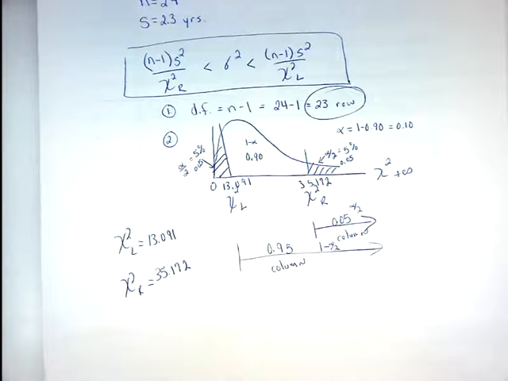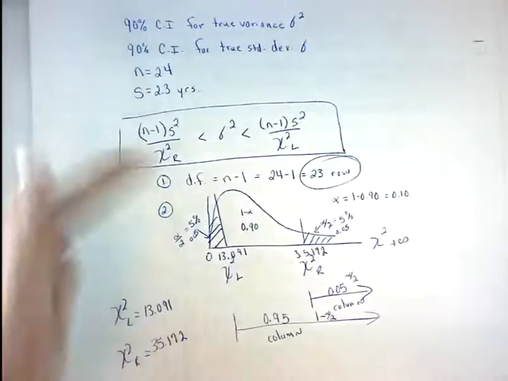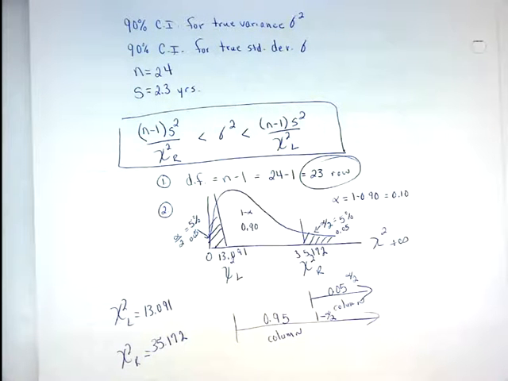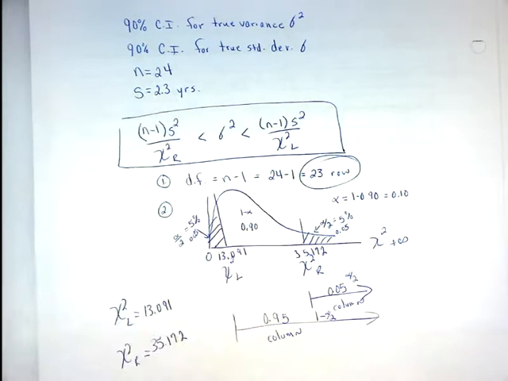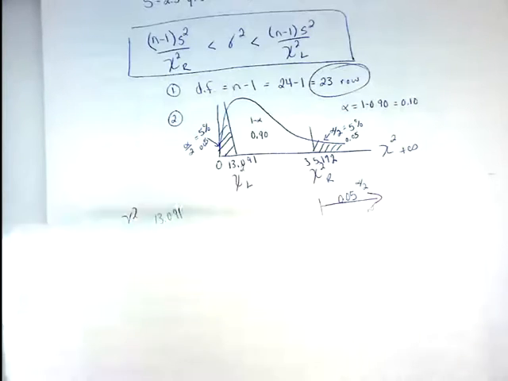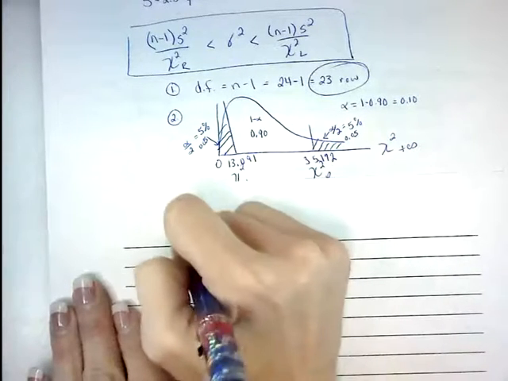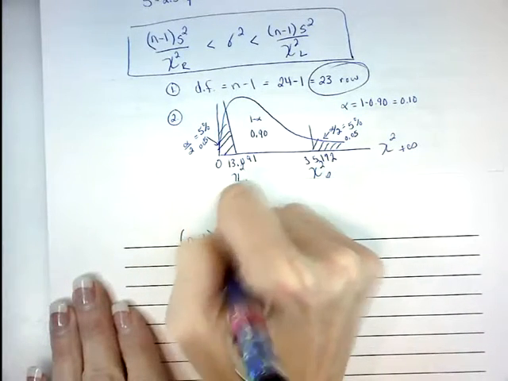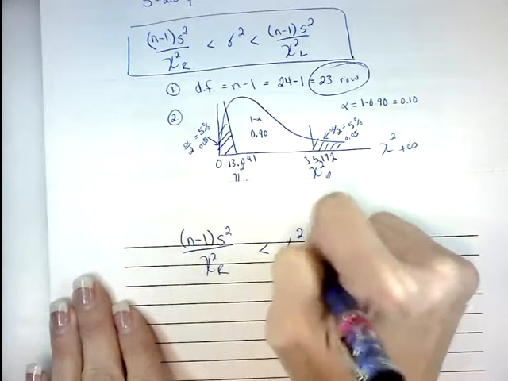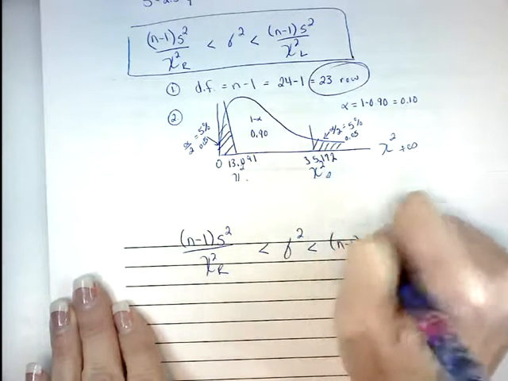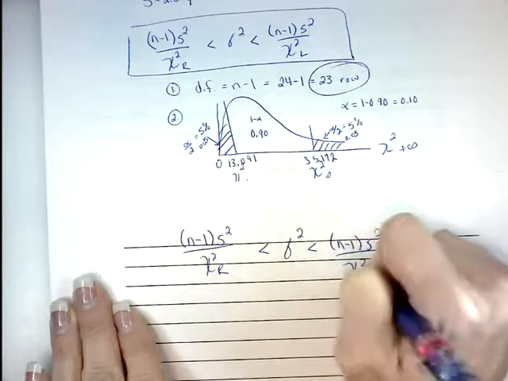So the next step would be to go back and find the confidence interval for true variance and then true standard deviation. Remember, s is 2.3 and sample size is 24. So, n minus 1 times s squared over chi-square from the right is less than sigma squared, less than n minus 1 times s squared over chi-square from the left.